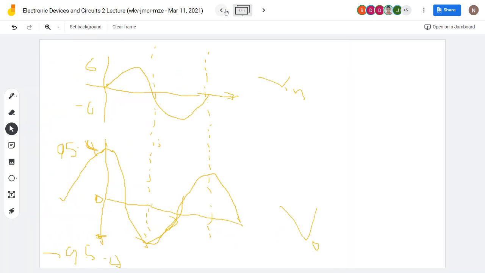That's it. Otherwise, that test would be almost a replication of everything you'd have done. But as I said before, we're going to up the ante. So next time we meet, we're going to look at feedback concept, which is already posted. And then we're going to jump to frequency response of an amplifier, and then gradually close the class by looking at oscillators.